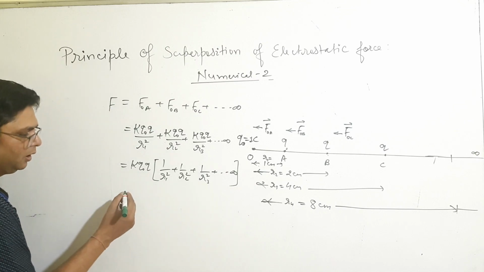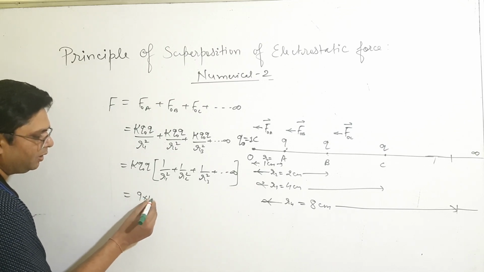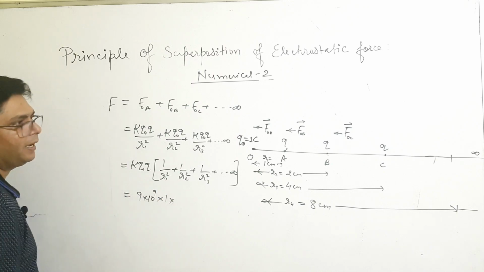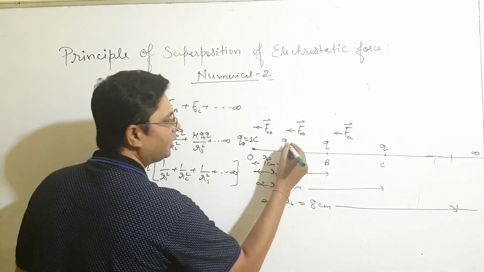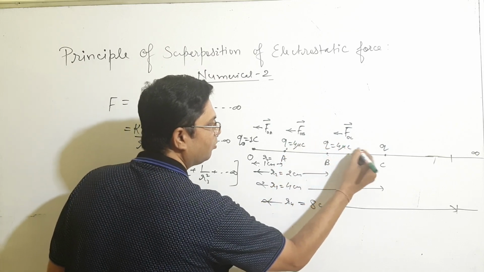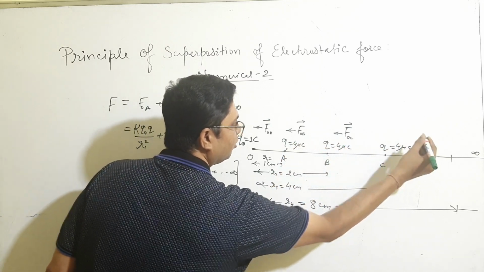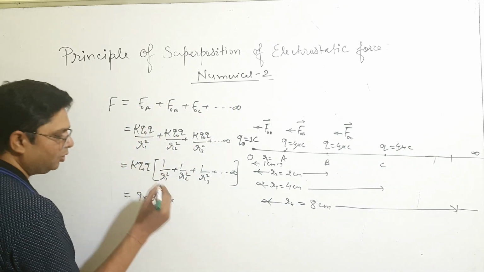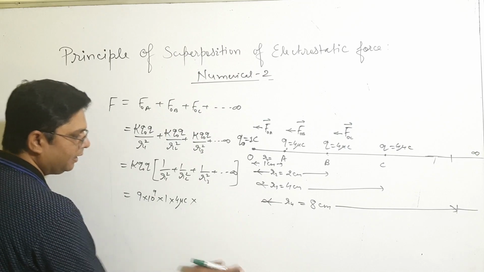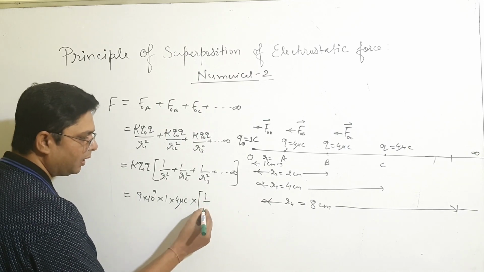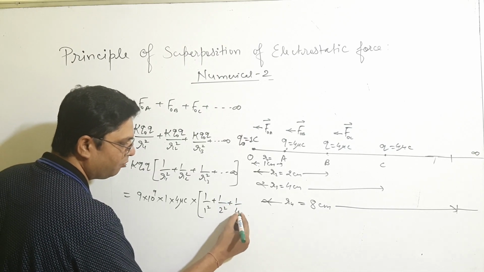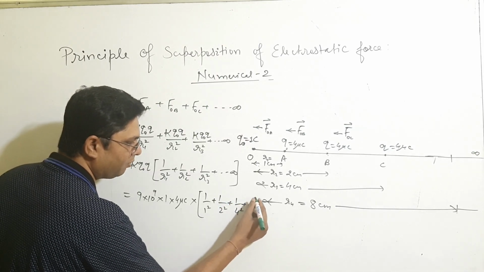Put the values. The value of K is 9 into 10 to the power 9. The value of Q naught is 1, and here this is Q. Let Q be 4 microcoulomb. This is 4 microcoulomb given. So you have Q is 4 microcoulomb, and here this is 1 by 1 square, 1 by 2 square, 1 by 4 square up to infinite.